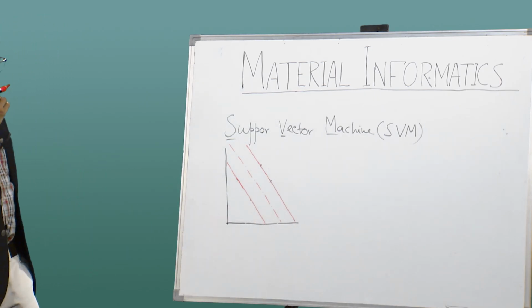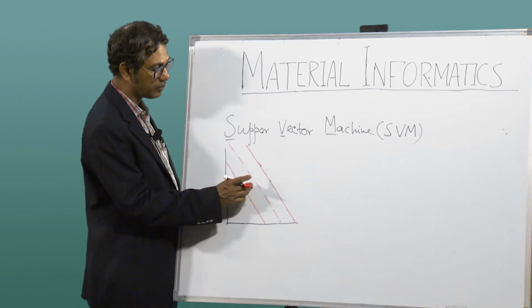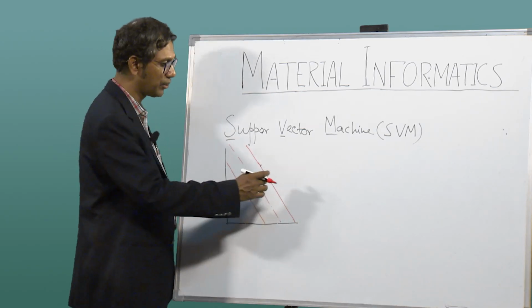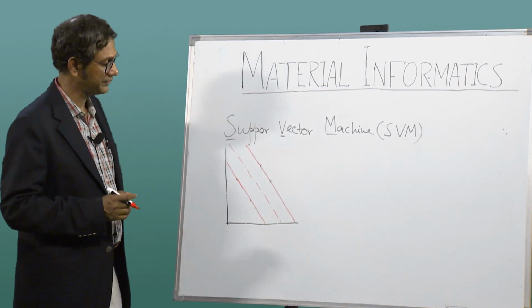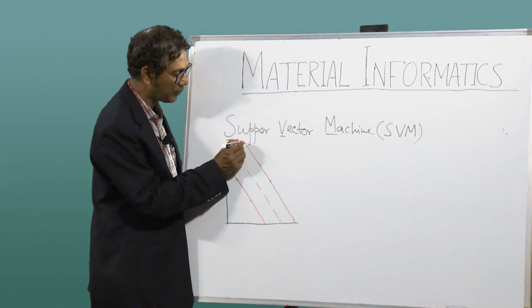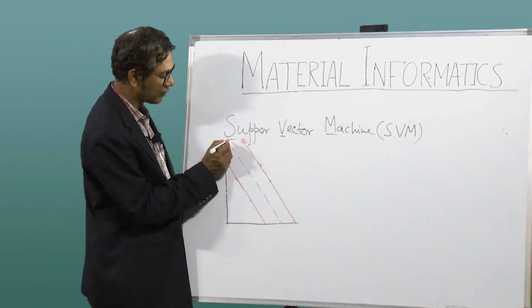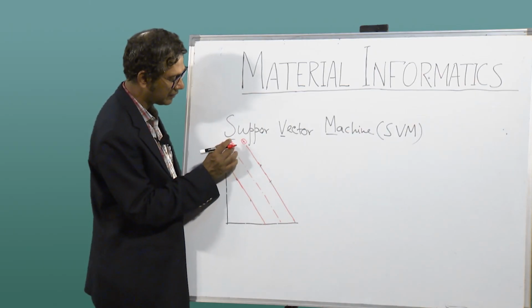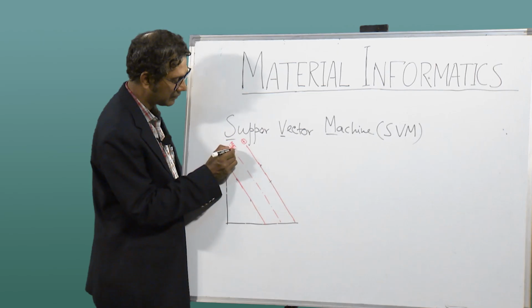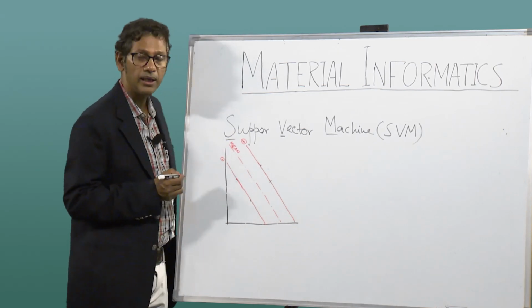So, I said this side of the road, the one sitting on the right side of the center line, will all contain positive points. Therefore, I can call this a positive line, am I right? And this I can call a median line, and this one I can call a negative line.